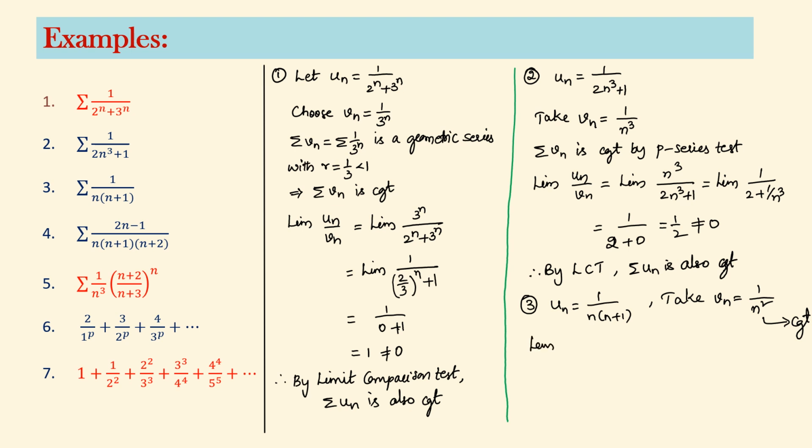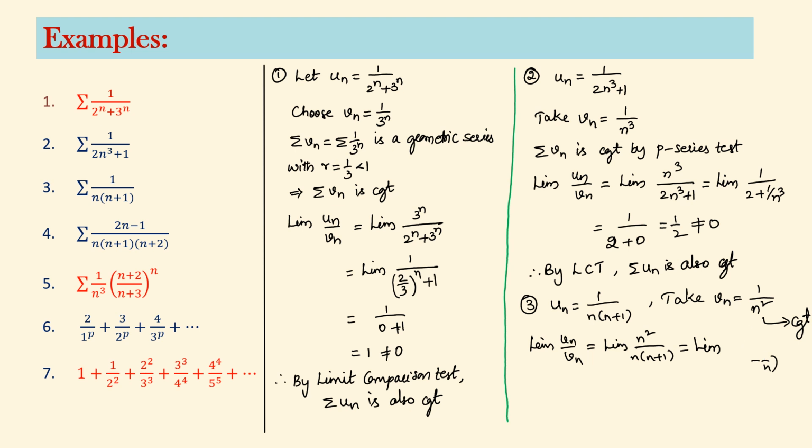So now calculate the limit of Un by Vn, which is 1 by n into n plus 1, divided by 1 by n square. So this 1 by n square will come to the numerator and becomes the limit of n square by n into n plus 1. If I take n common from the denominator, n already exists. If I take n common from n plus 1, I'll have 1 plus 1 by n, and n square gets cancelled.